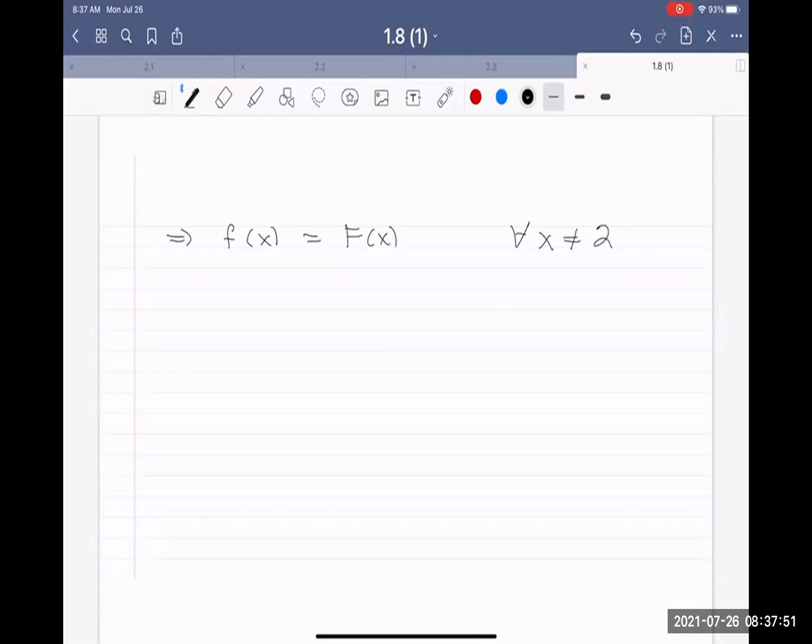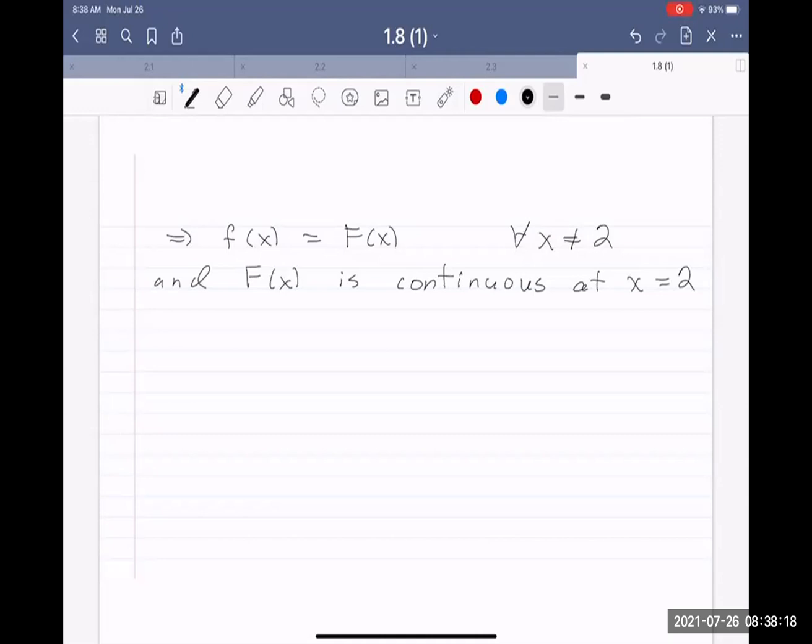Okay. And capital F is continuous at x equals 2. So I've removed my discontinuity at 2.